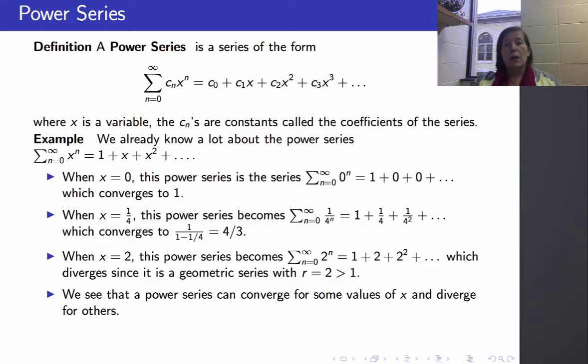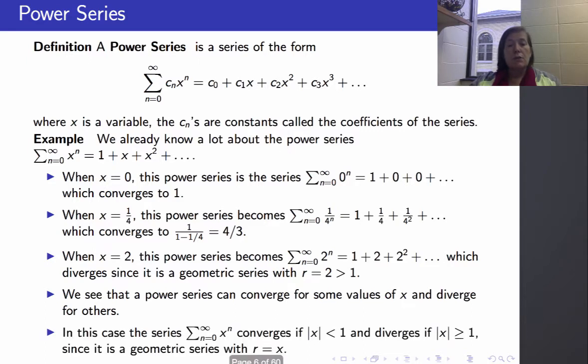So these power series look like infinite polynomials, but there's one big difference. A polynomial, which is a finite sum of this form, its domain is all values of x, whereas a power series may have a restricted domain.